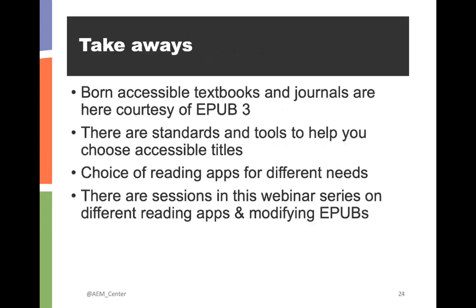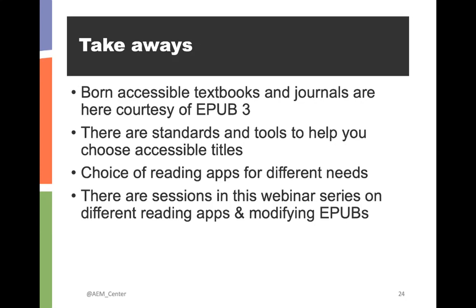All right, so Richard, you want to do some quick takeaways before I turn it over to Lynn? Yep, so as you've seen, Born Accessible textbooks and journals, we didn't talk so much about them, are here courtesy of EPUB 3. And we heard how George mentioned that over 80% of higher ed textbooks are coming out as EPUB 3, and publishers are putting some great accessibility enhancements in them because EPUB 3 makes it easy for them to do that.